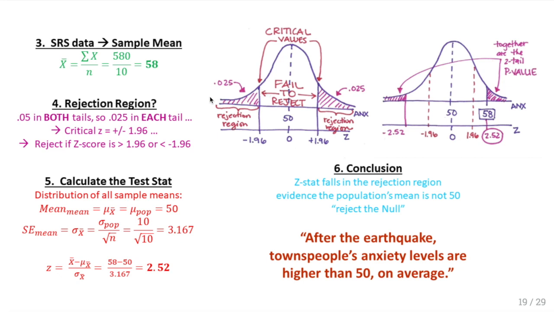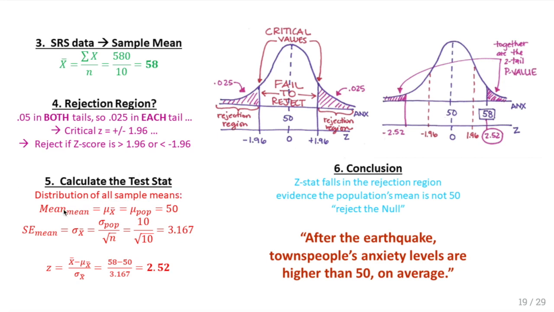Anything on this side, we're going to reject the null. Anything on this side, we're going to reject the null. Anything inside, we're going to fail to reject. In other words, if we get a z-score from this that's bigger than 1.96 or more negative than negative 1.96, we're going to say there's a significant difference between our sample and the other.